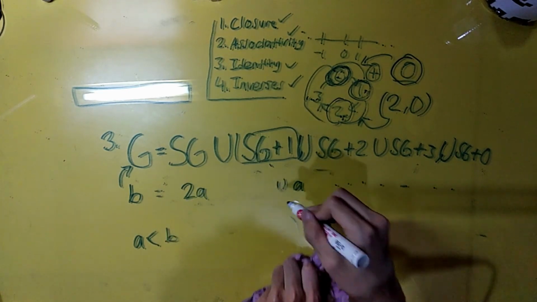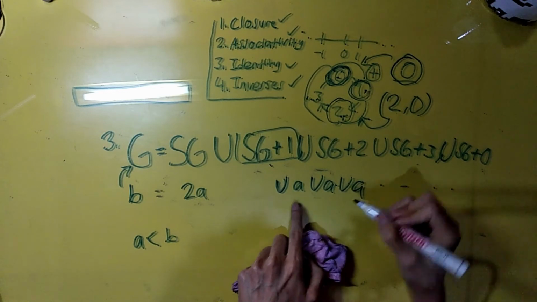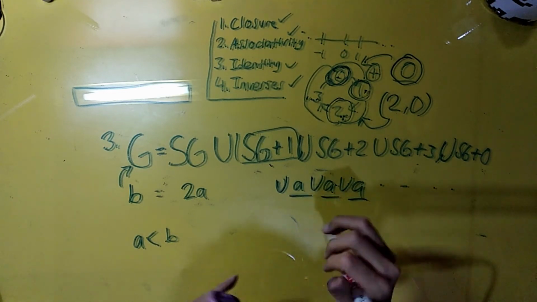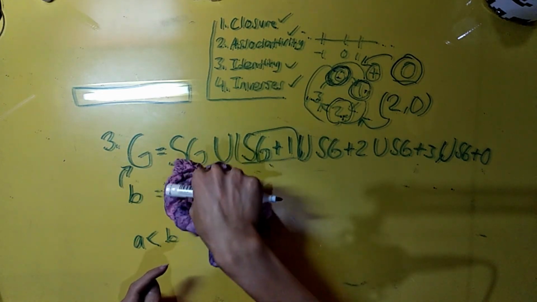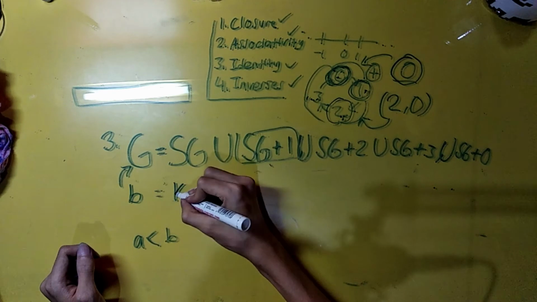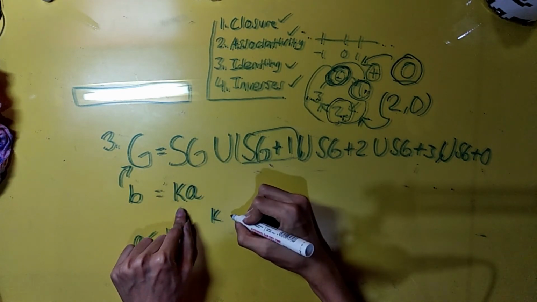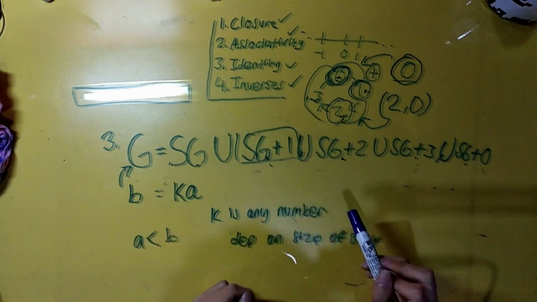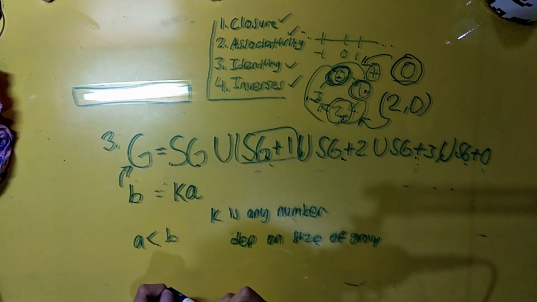Alright, we keep going on and on. A, union A, union A, union A. All of these groups have the same size. We're going to get some multiple of A. We're dealing with a finite group, so it has to end at some point. So we have KA, where K is any number depending on how many times you have to repeatedly add the elements together.